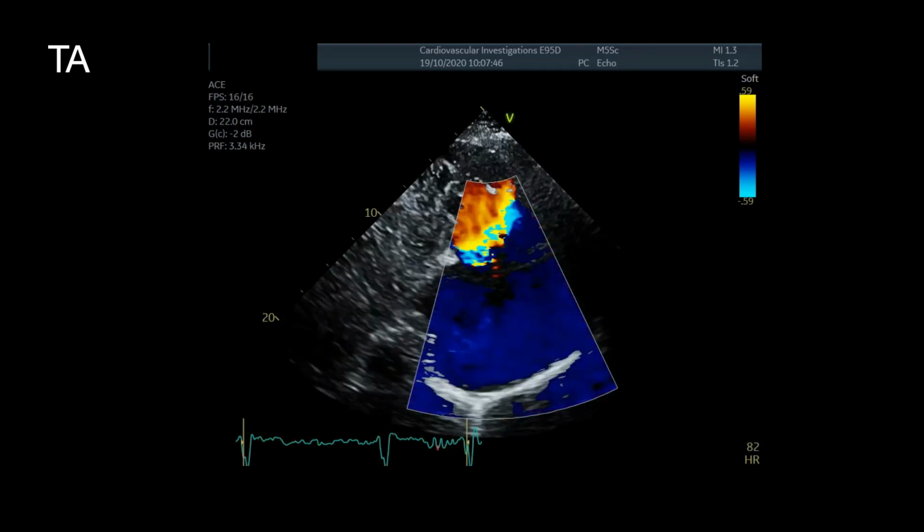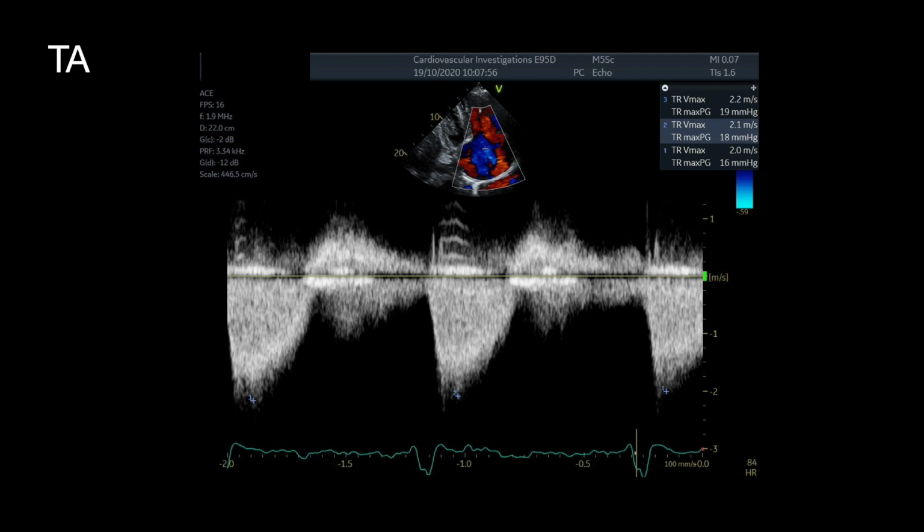And then when you put the continuous wave Doppler over that colour flow, what you're seeing is that rapid equilibration of the pressures. And so this actually may be an underestimation of the RVSP, given that kind of wider open, more free-flowing TR.